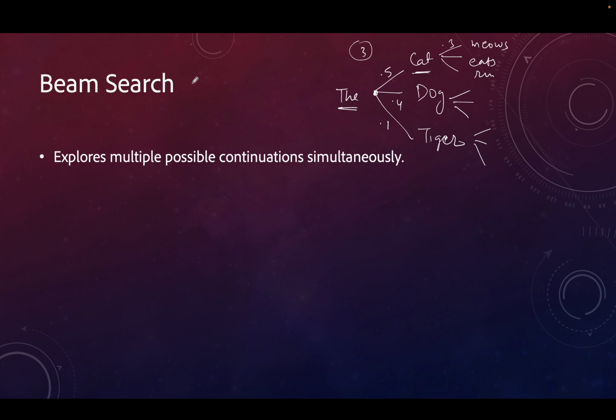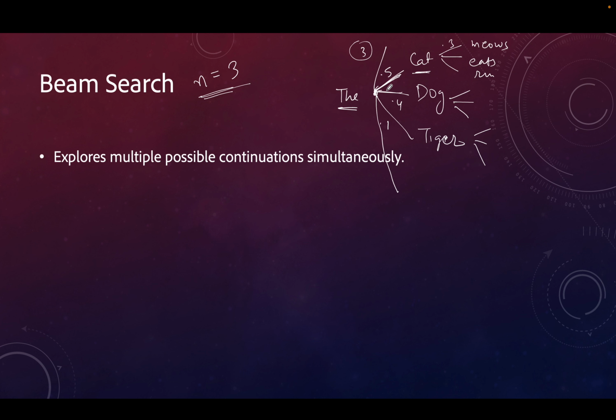You define the number of beams, let's say n is 3, and let's say there are more words, but if the number of beams is 3, then you will pick the 3 most probable words at every step, and then ultimately you will return the branch that gives maximum probability.